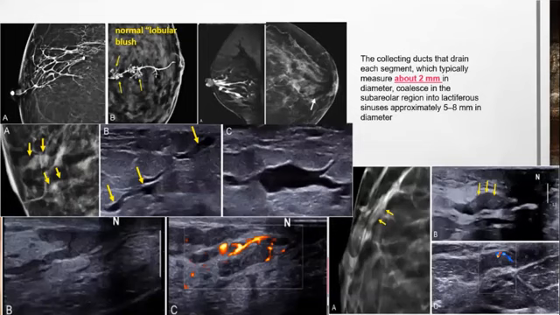But this MRI here represents dilated ducts, and this mammogram also shows multiple dilated ducts due to ductectasia. Again, this is a mammogram with dilated ducts. The same patient on ultrasound demonstrates multiple dilated but echo-free ducts, so this is just a simple ductectasia, while the ducts here contain internal echoes.